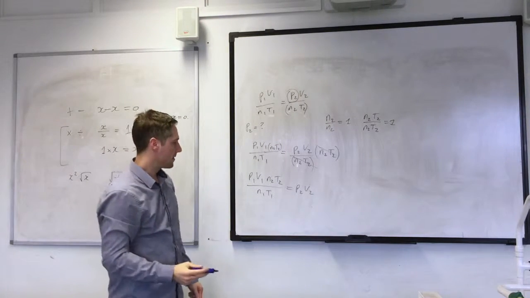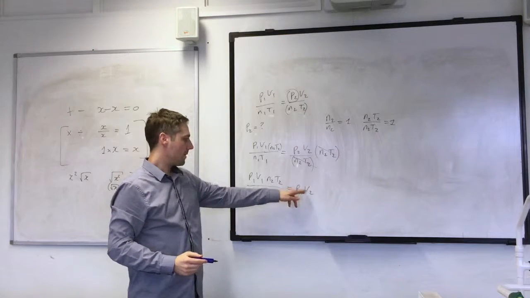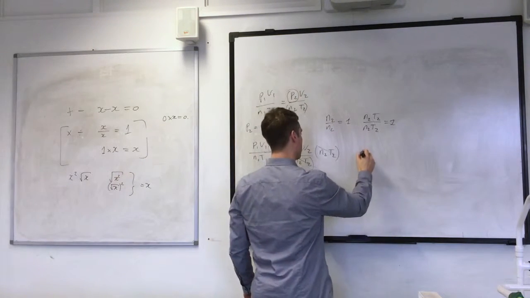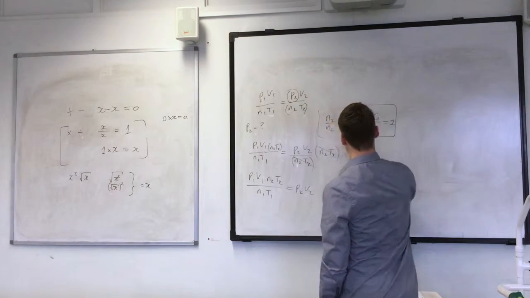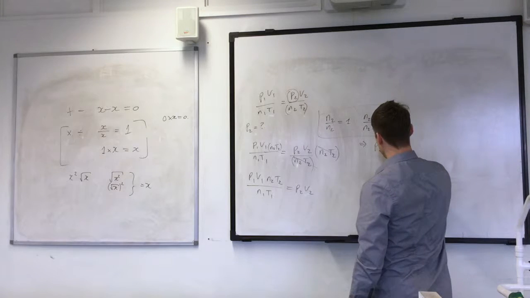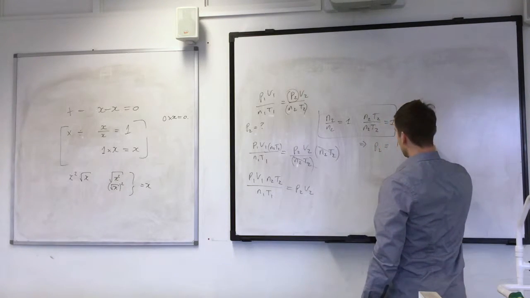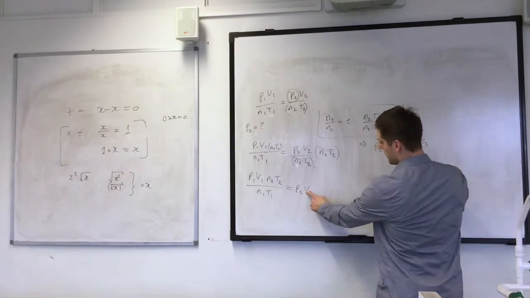The last thing to take over to the other side of the equation is V2. So it's multiplied here, I need to divide it, and therefore I'll rearrange the equation. So I'll just put this in a box here. So now I've got P2 equals P1 V1 N2 T2 divided by V2, right?